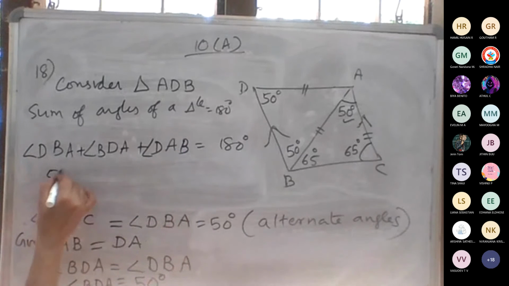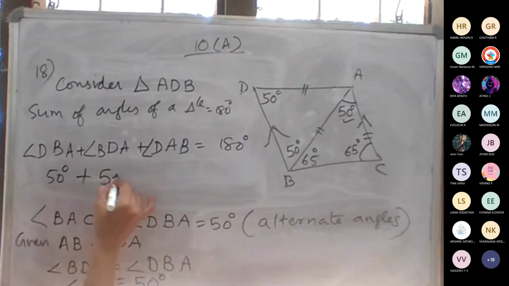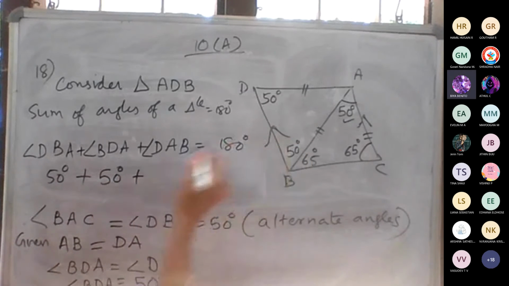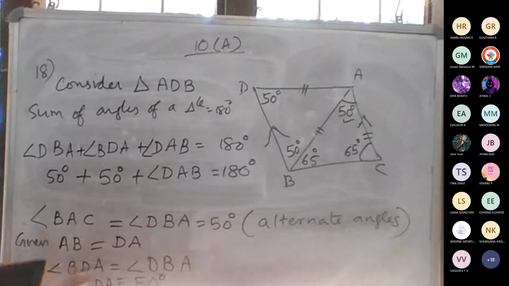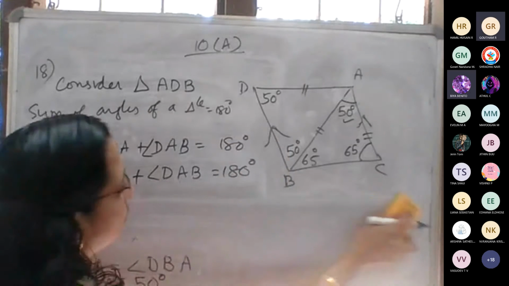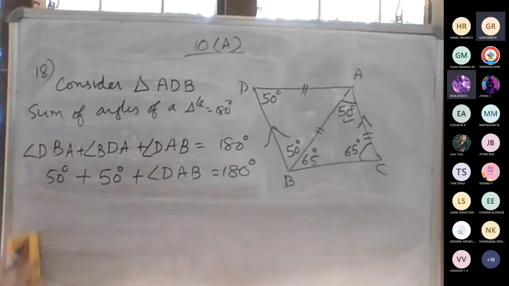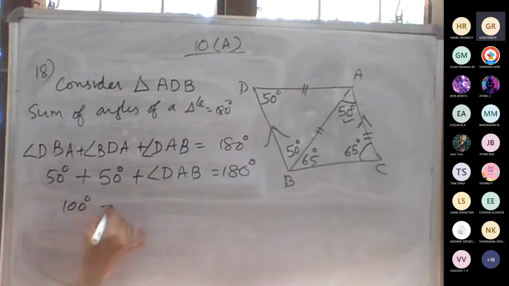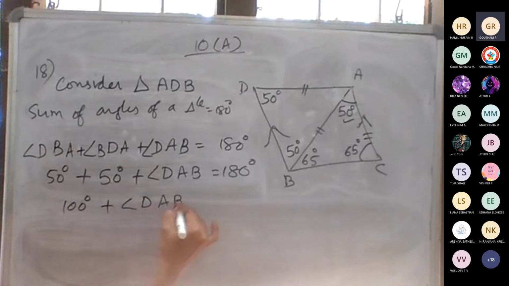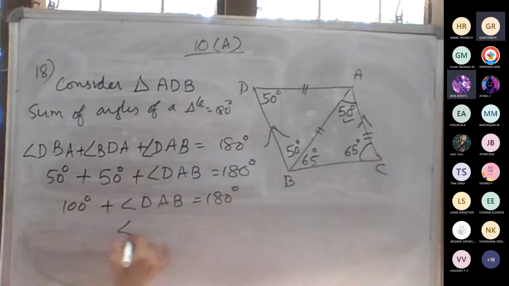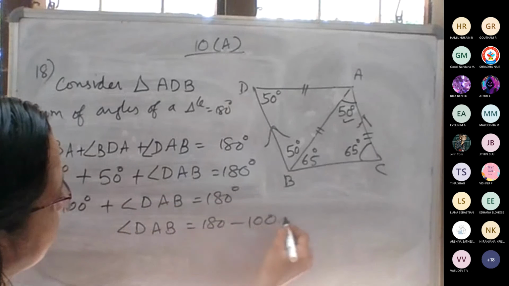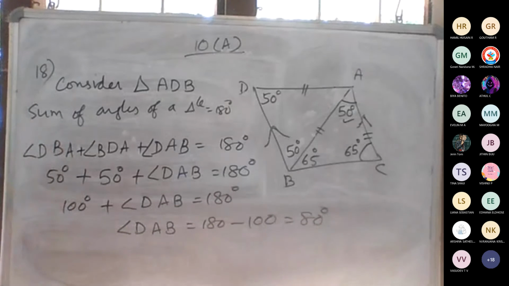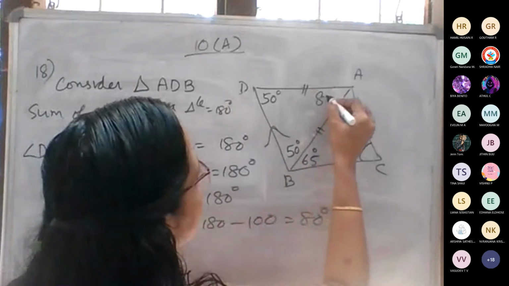DBA we have 50 degree, plus angle BDA also 50 degree, plus angle DAB is equal to 180 degree. 100 degree, so angle DAB is equal to 180 minus 100, which is equal to 80 degree. So here we got 80 degree.